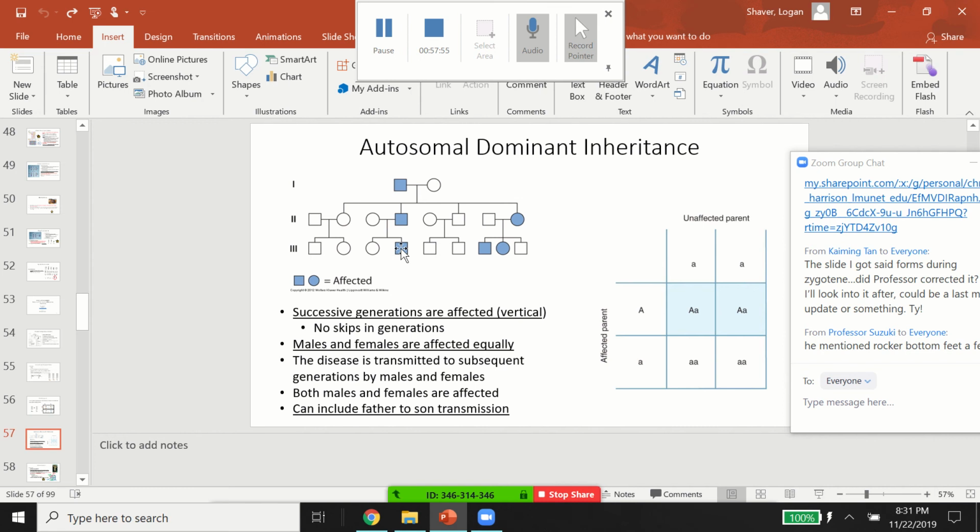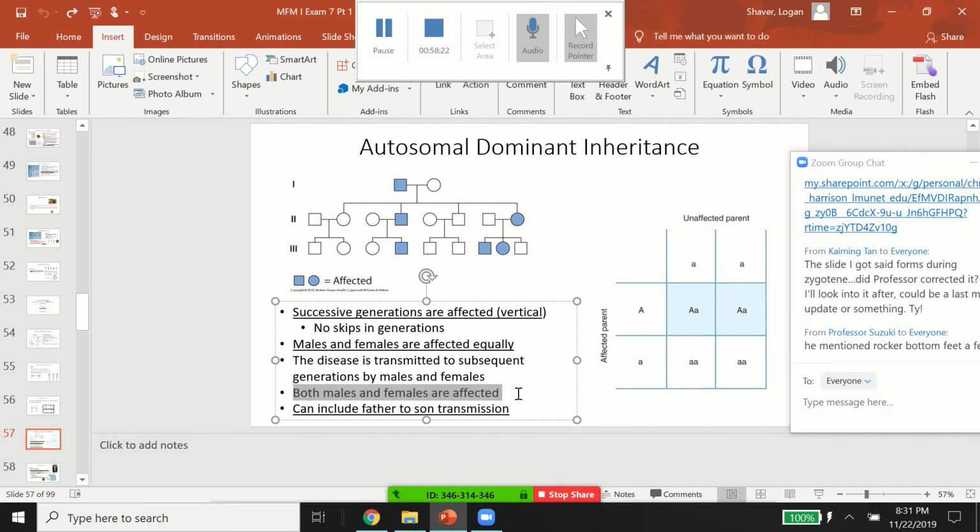You can actually see that with this pedigree: that lineage has one, then two, then three, and so forth. Every single generation would have somebody gaining that disease or disorder. And it can include father to son, but not specifically father to son.